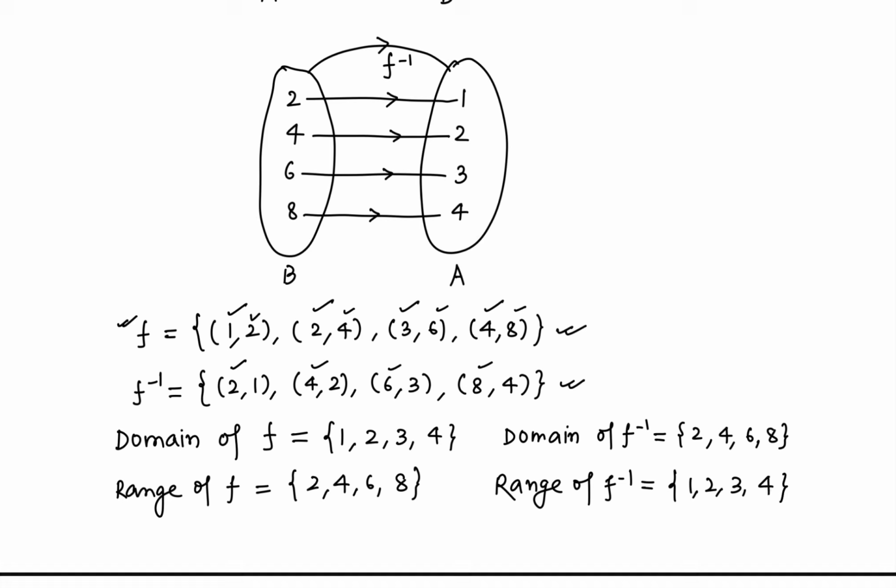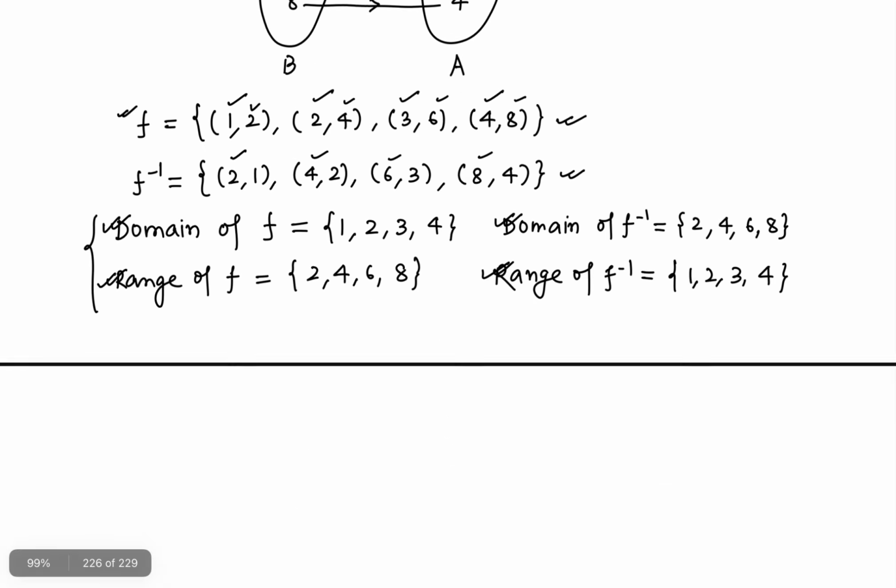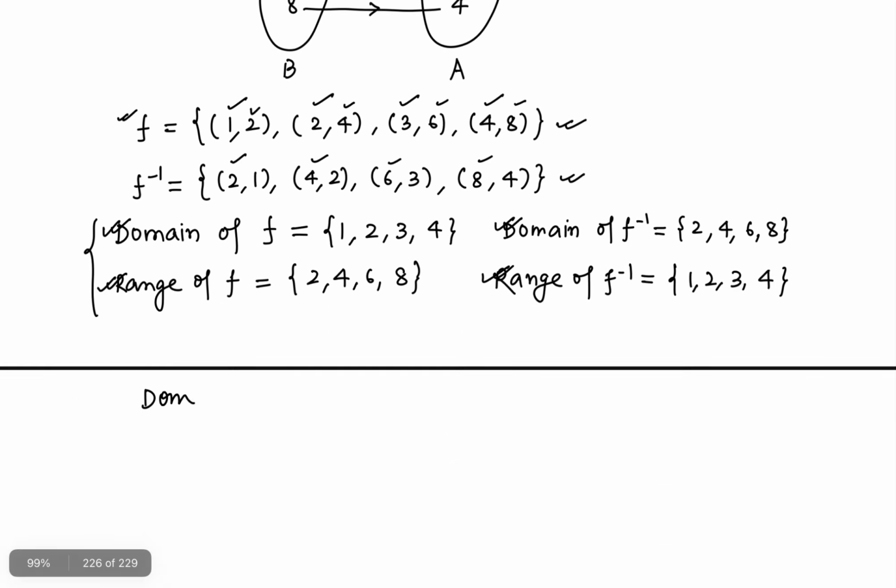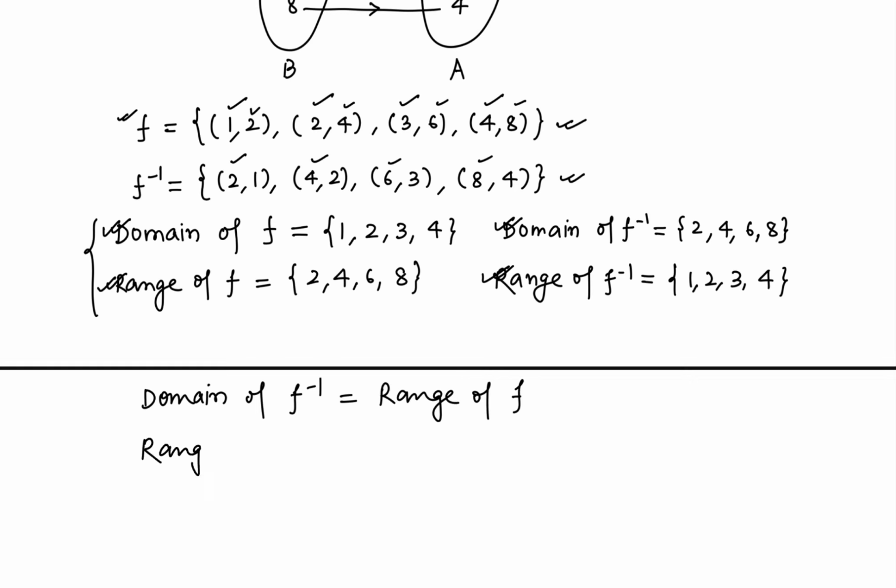So we can see here domain of f is equal to range of f inverse, and range of f is equal to domain of f inverse. So here we can say that domain of f inverse is equal to range of f, and range of f inverse is equal to domain of f. So this was all about inverse of a function.